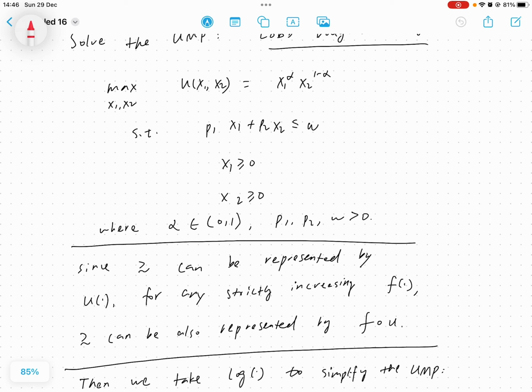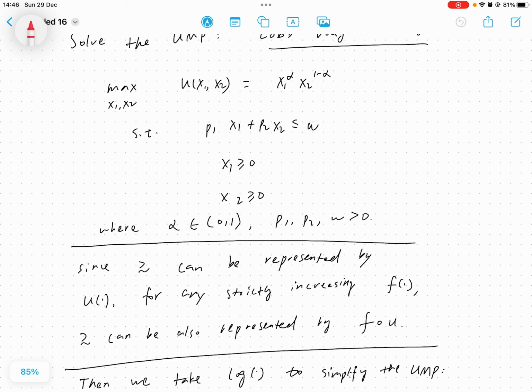Before we solve this problem, an important point to notice is that if some preference relation can be represented by some utility function, such as this Cobb-Douglas, then for any strictly increasing function f, as mentioned before, this preference relation can also be represented by the composite function of f and u.